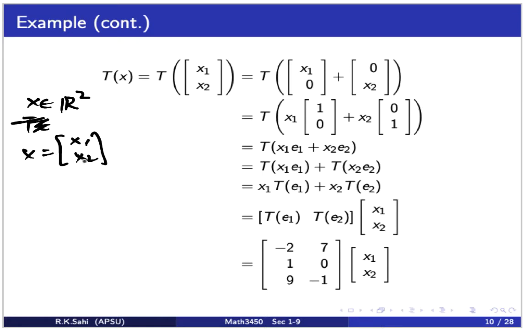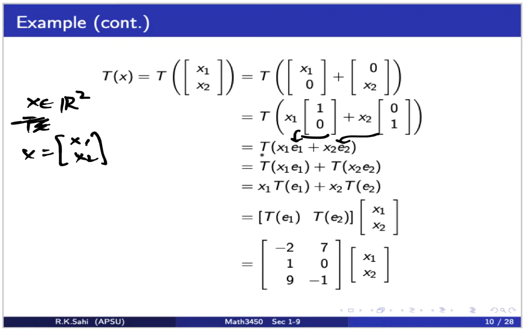They're any values, in the first row and the second row, because it's an element of R2. So T acts on x1 and x2. Now, what are x1 and x2? You can write this as (x1, 0) plus (0, x2). Clearly you can take x1 out as a scalar multiple of (1, 0), and x2 times (0, 1). Now, (1, 0), remember, is nothing but the vector e1. (0, 1) is nothing but the vector e2.